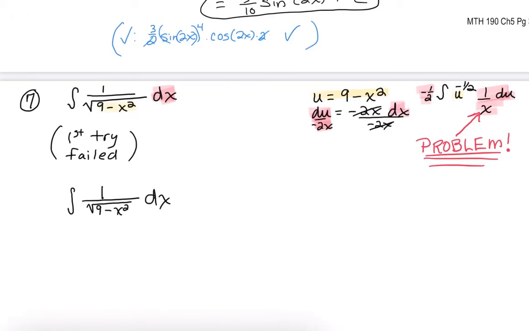So here's my big thought bubble off to the side. So here's something that we know. We know that the integral of 1 over the square root of 1 minus x squared dx is our sine inverse of x plus c.